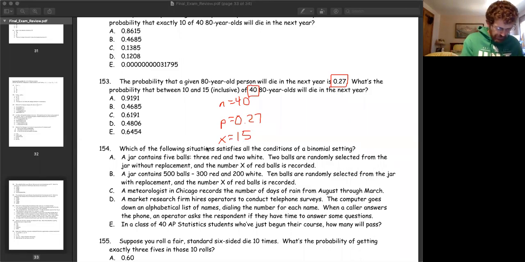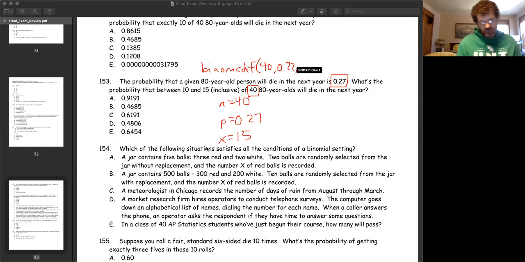So I'd do a binomial CDF of 40 trials with a 0.27 success rate. Again, death is a success here, with 15 successes cumulatively, meaning 0 successes, 1, and so on, get all those probabilities, add them together, and we get this calculation.